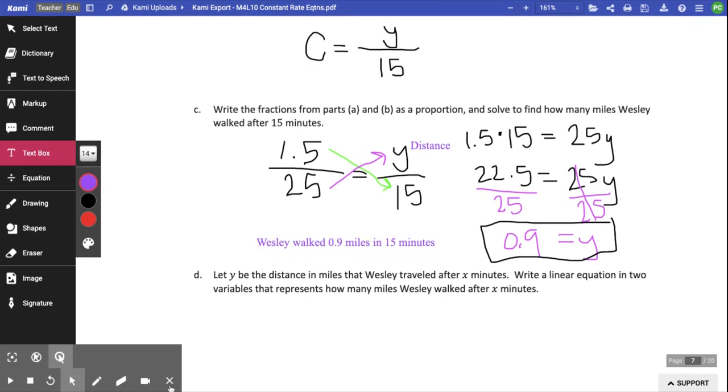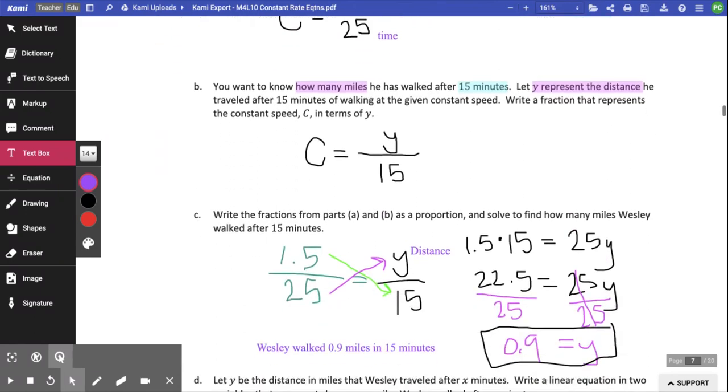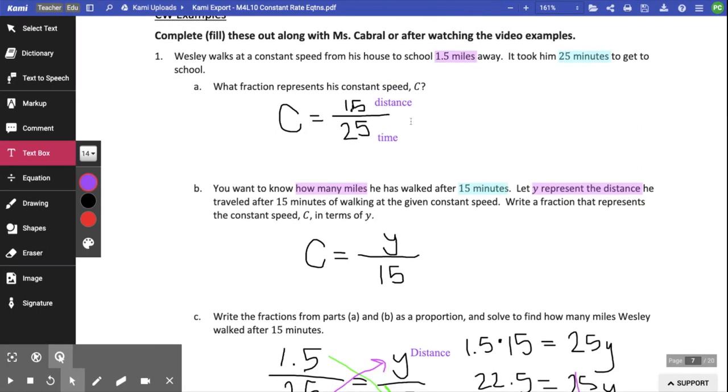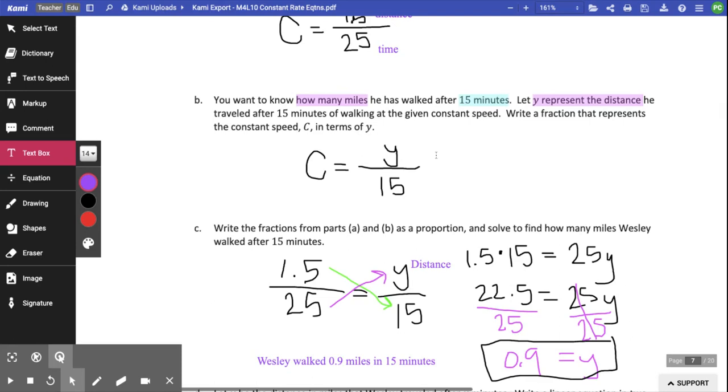Okay, so finally we will get to part D. This is number 1, part D. We have gone through Wesley walking to his school, which is 1.5 miles away, and it takes him 25 minutes. We learned that his constant rate would be written as 1.5 over 25. Then we were asked to find out how many miles he walks in 15 minutes.